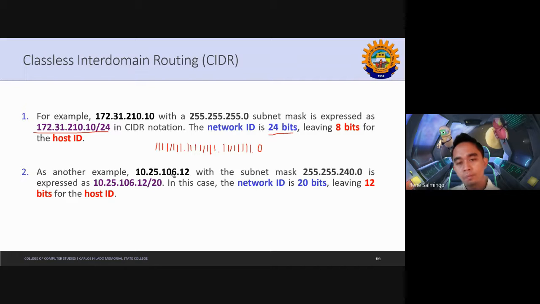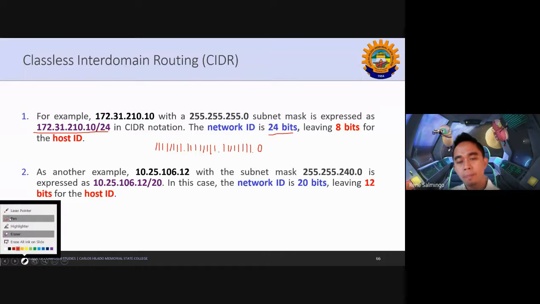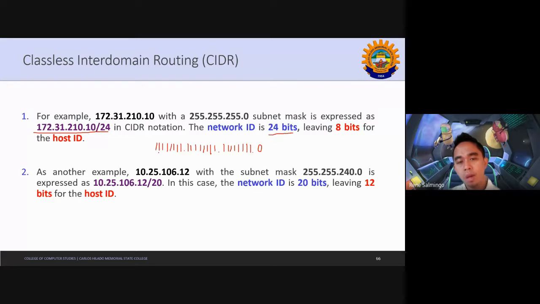This one, 10.25.106.12, and you have a subnet mask of 255.255.240. Now, how do you compute for your subnet mask? Again, we have the same.